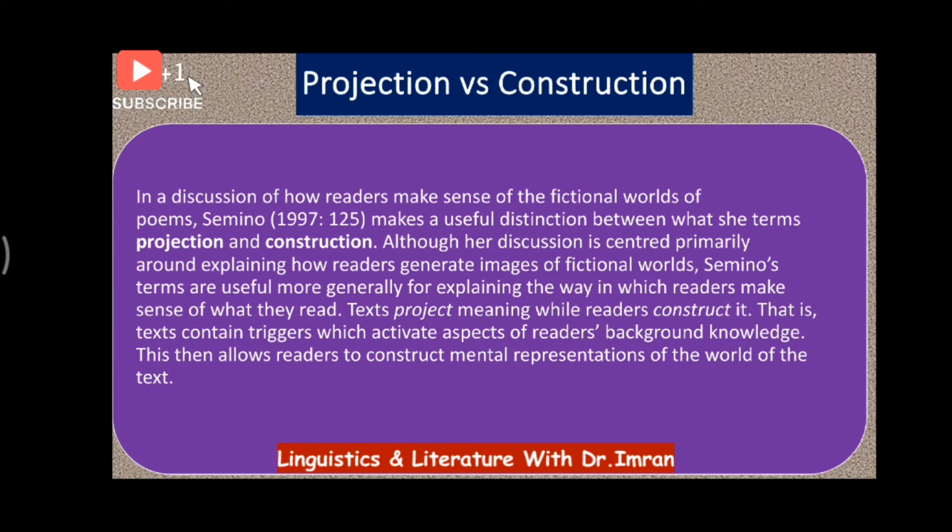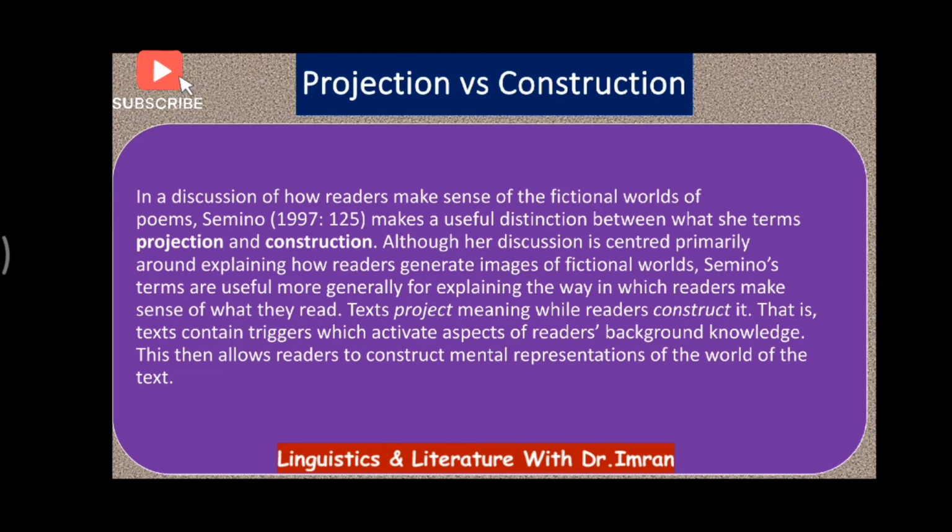Or when you read a situation, a conversation between a police officer and a criminal, you already have background knowledge in your society about police and about criminals. So when you read the term police, a kind of image is generated in your mind. And when it is generated in your mind, that is the background knowledge.